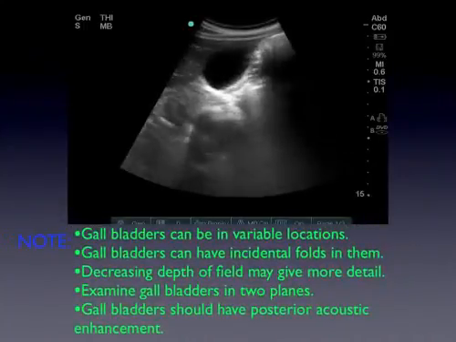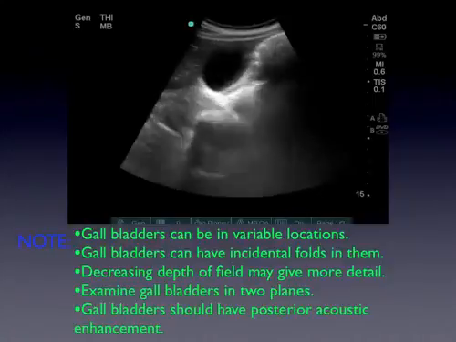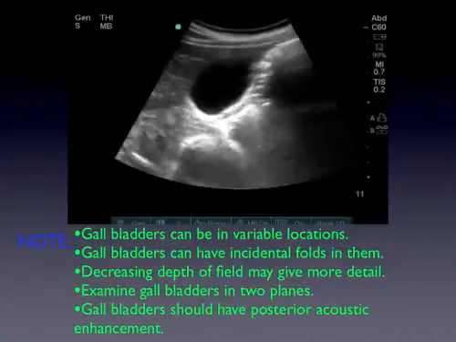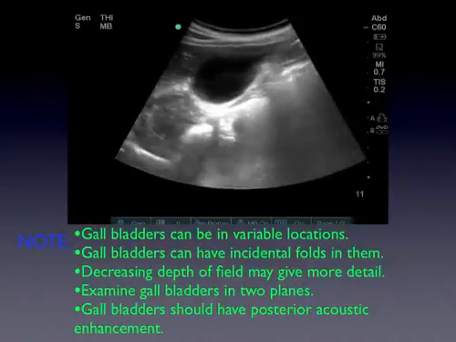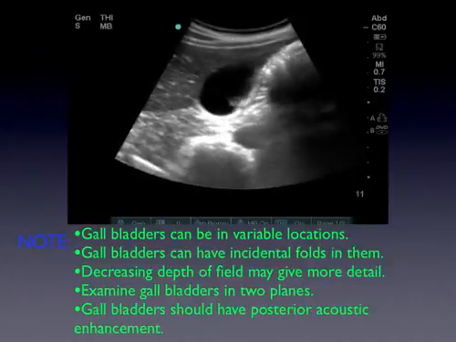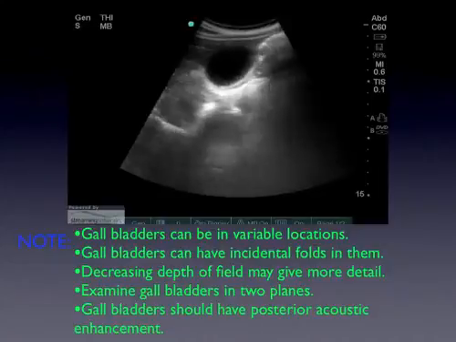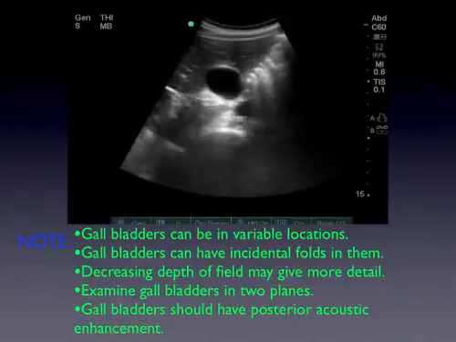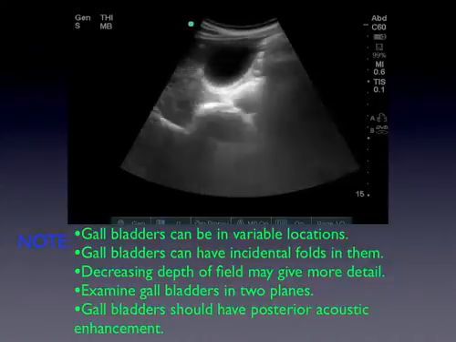So a few things to note. Gallbladders can be in a variety of locations, so you have to somewhat search for it. They can have incidental folds in it, as you can see this over here. Those are totally normal findings, although the folds tend to be places where sludge can form or gallstones can sit.